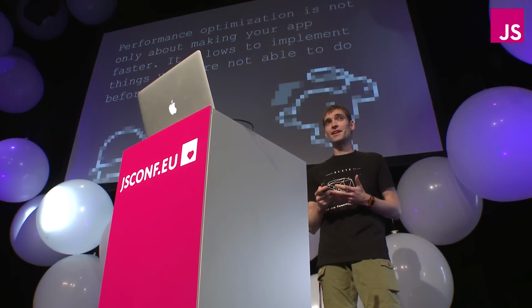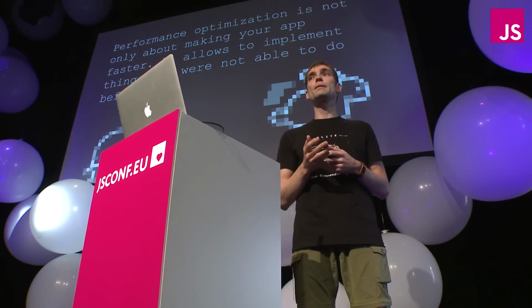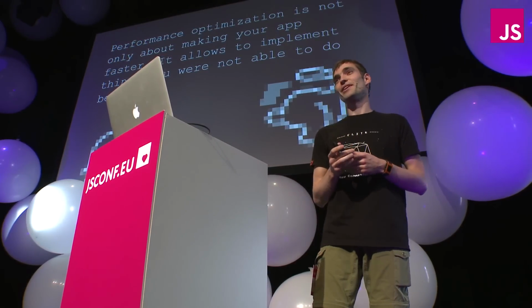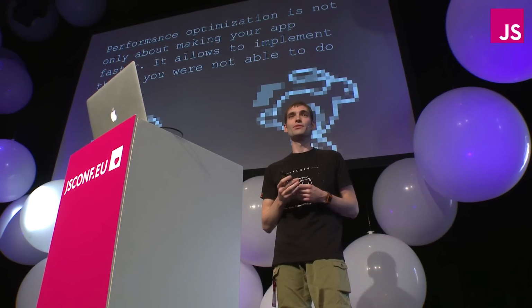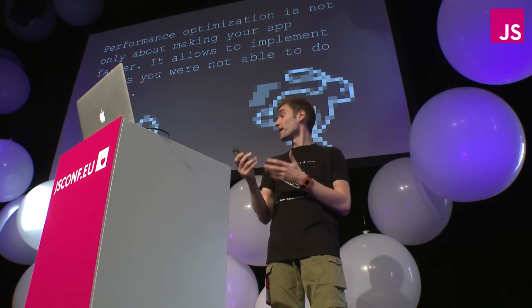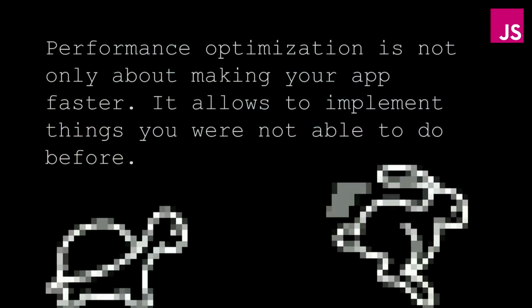Also, performance optimization doesn't only make your application faster, but also allows you to do things you were not able to do before. As the illustration shows, the slow turtle can't jump, but the rabbit, having a bit more speed, can. So more speed, more possibilities. Basically, you can add more effects.